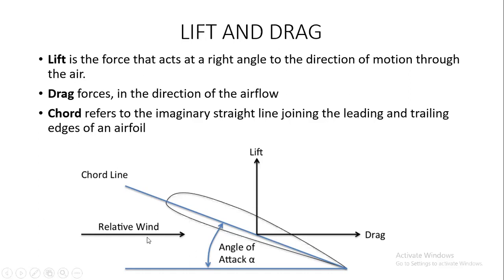In this figure, you can see this imaginary line between the lift and drag is called the chord line, and the relative angle between the chord line and the relative wind is the angle of attack, that is alpha.